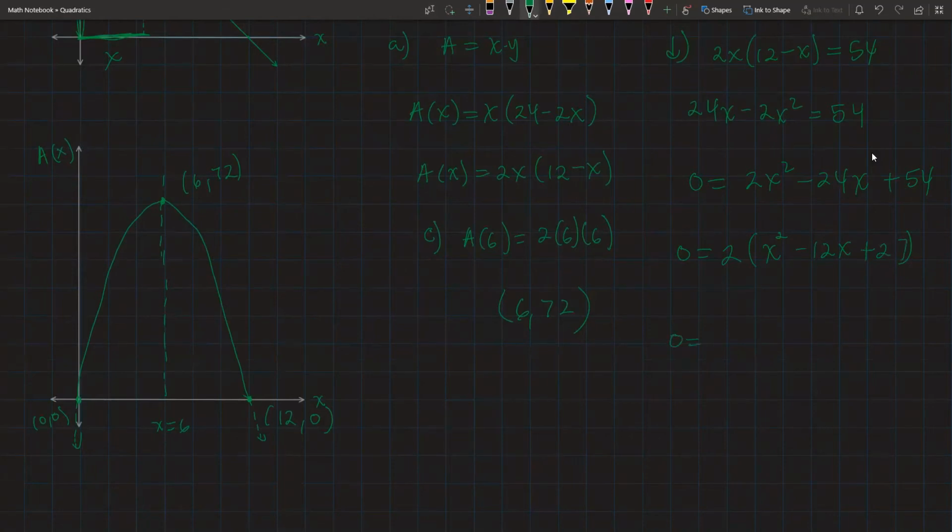So therefore, we should get 2 times something, x times something for the x squared term, and some form of 9 and 3, where they're both negative. So we're going to get the points 3, 54 and 9, 54.